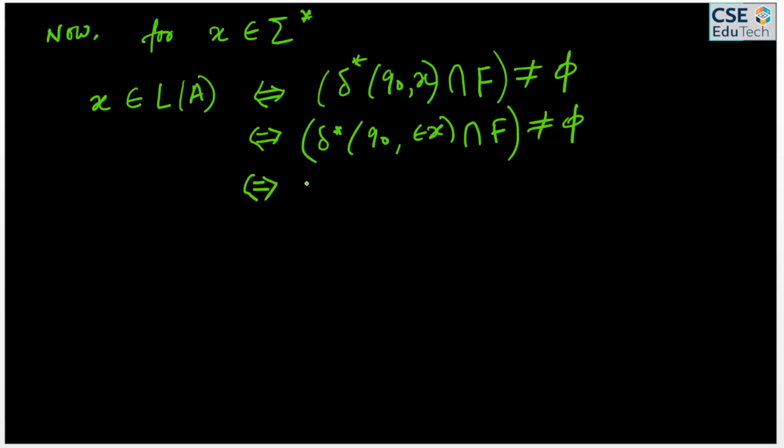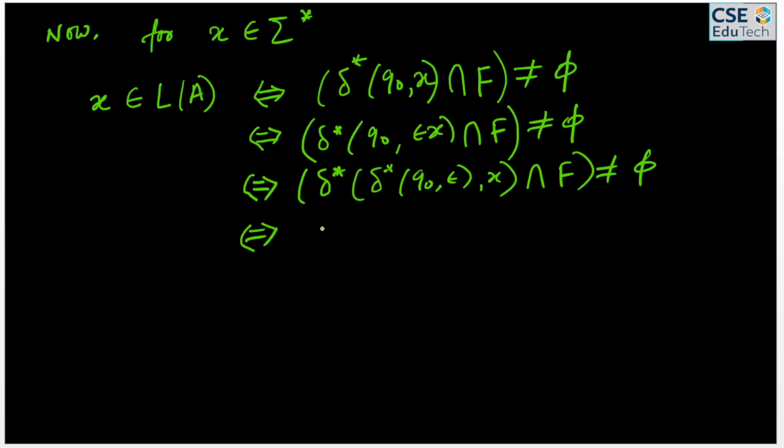We can write this as delta star of Q naught, epsilon comma X, intersection F, should not be equal to empty.